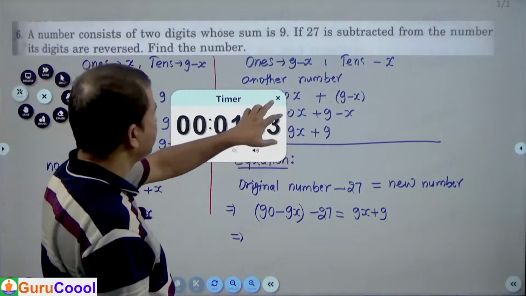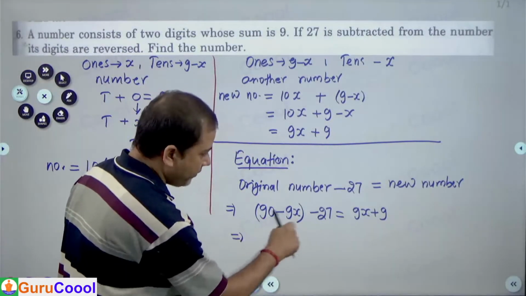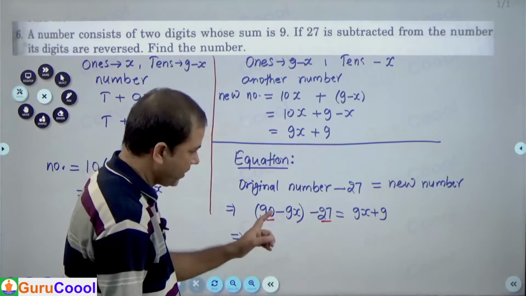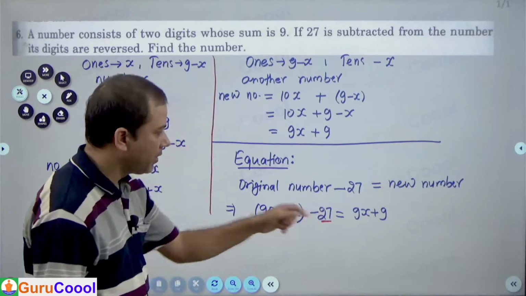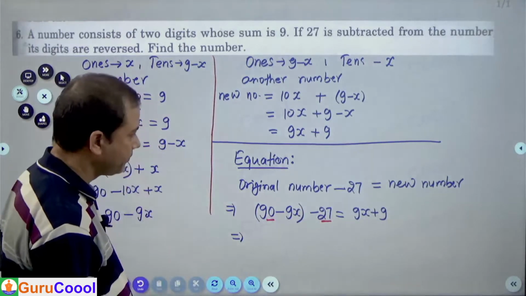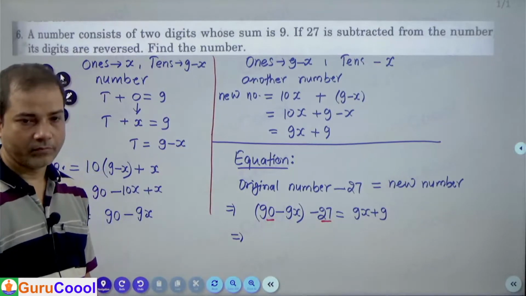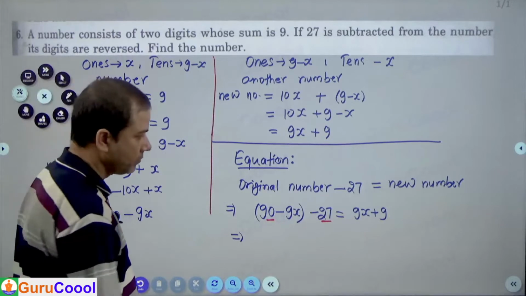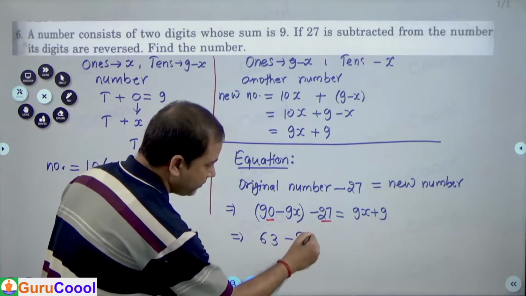Okay. Now see. On the left side, we have like terms 90 and minus 27. So 90 minus 27 can be done here. What is 90 minus 27? 63. Sir, it is 63. 63 minus 9x.